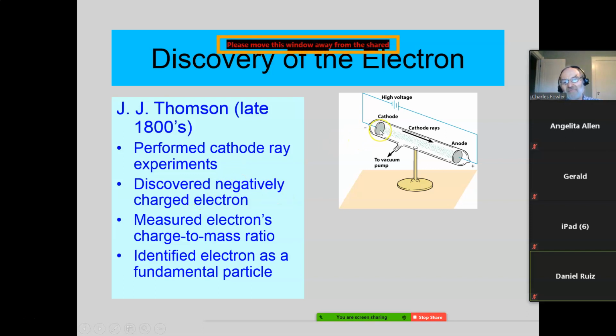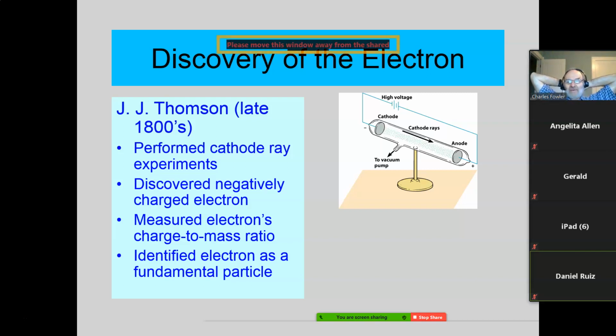That's why they came off the negatively charged cathode and went toward the positively charged anode. They had to have been repelled by the cathode, attracted by the anode end of things, and therefore moved in that direction. So J.J. Thomson discovered the negatively charged electron.